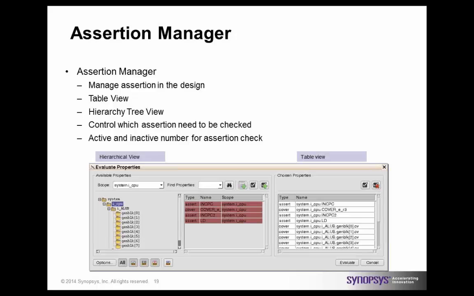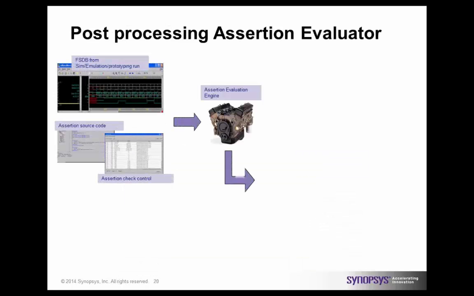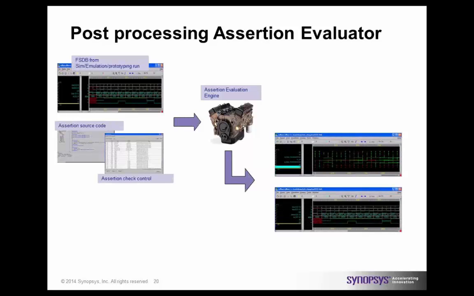So the Assertion Manager here, when you come to the evaluation, so this is, I've read in my assertions, I'm going to select which one of them I need to apply. So you have full control. I'm not going to apply 2,000 of these assertions at one shot because I know exactly where I've made mistakes. Okay, so I can reapply selecting these assertions. And the idea is basically getting you an FSDB file which has purely all the assertion-based information.